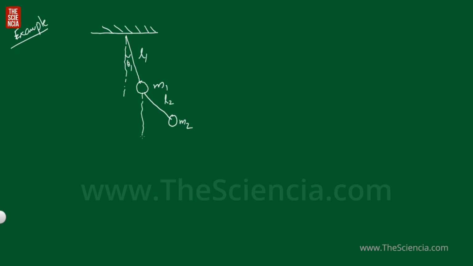Another example. Here you already know how to solve for a double pendulum. Here this is L1, this is M1, and this angle is theta 1. Now I am attaching another pendulum to this one with a length L2 and mass M2, and this angle is theta 2.